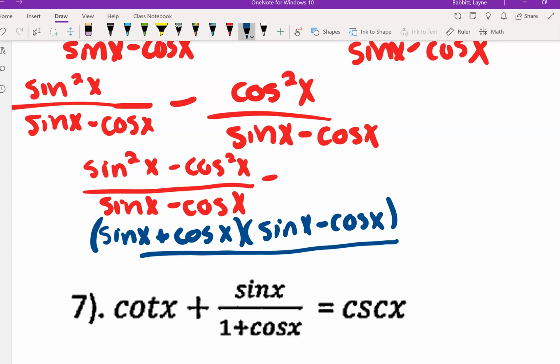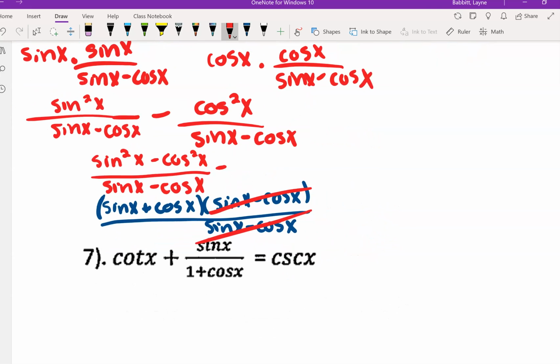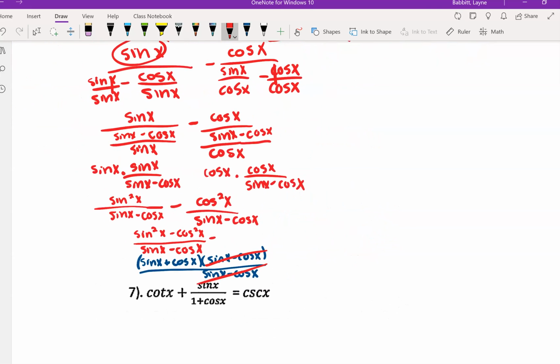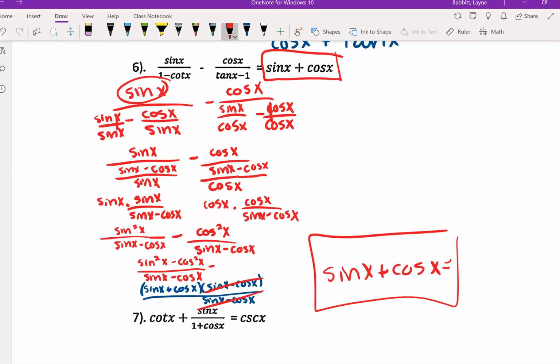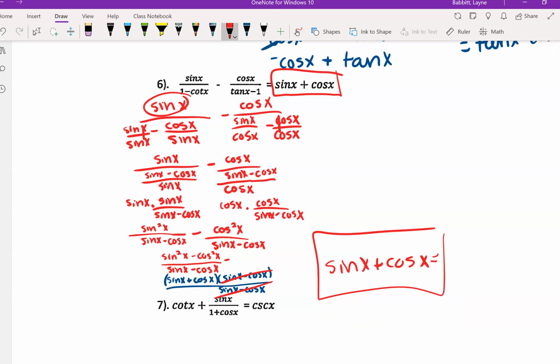And then that whole thing is still over sine x minus cosine x, which is awesome because this and this will cancel, and we'll have our final completed answer, sine x plus cosine x. Now what we have on the left is equal to what we had on the right. We're good to go.